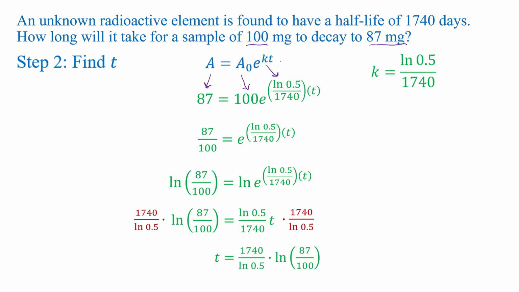We then get t = 1740/ln(0.5) times ln(87/100). So this is our value for t. Plugging that into a calculator, we find that t is approximately 350 days. So it takes approximately 350 days for 100 milligrams of this substance to decay to 87 milligrams.